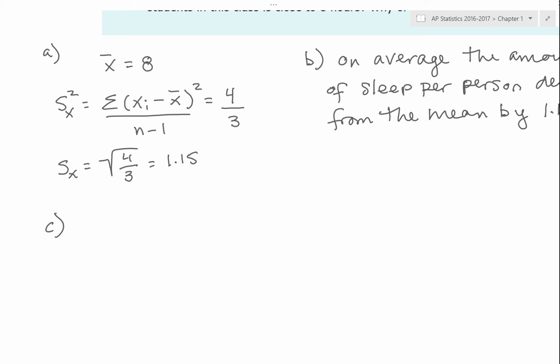What I mean by that statement is that if we were to take a sample again of 4 people, we might get something wildly different. So there's a lot of variability in that estimate. It doesn't necessarily mean it's not accurate.